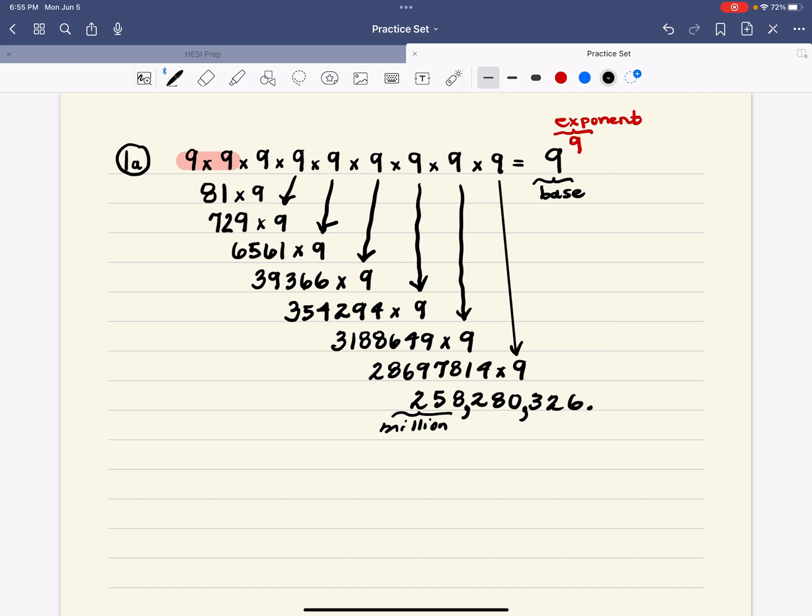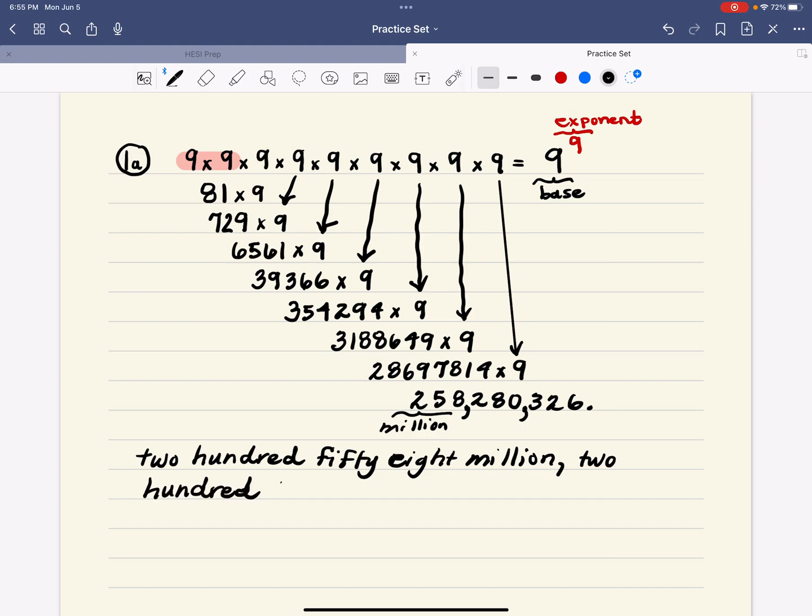as 258 million. Let me just write it out. And after you say million, you notice there's a comma in the number. 258 million, comma, 280 is in what section?